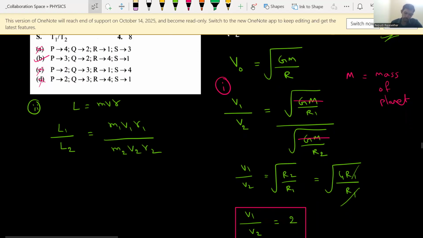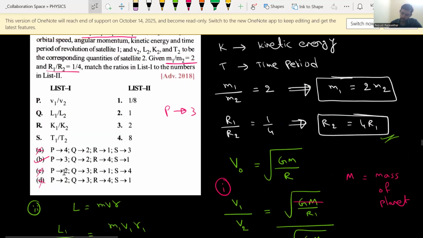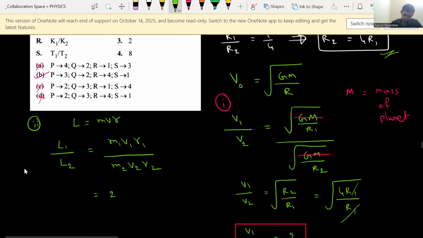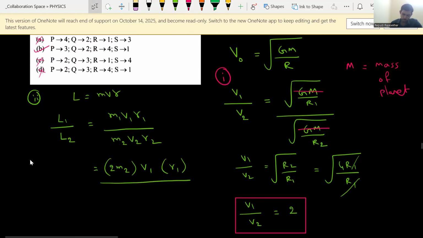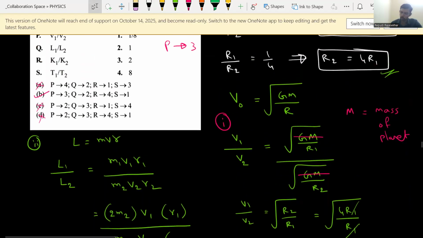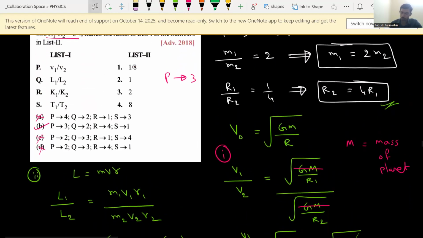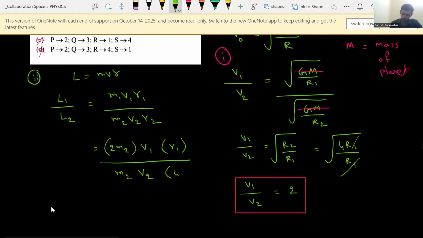So what is the m1 value? Now see the data again. As per the data, m1 is 2m2. Substitute here: m1 is 2m2, and this is v1, and r1 written as r1 only, divided by m2. The second particle's mass is m2 only, velocity is v2, but r2 is how many times? 4 r1. Now cancel the terms that get cancelled. m2 gets cancelled, r1 gets cancelled.